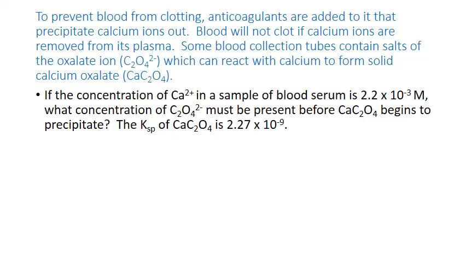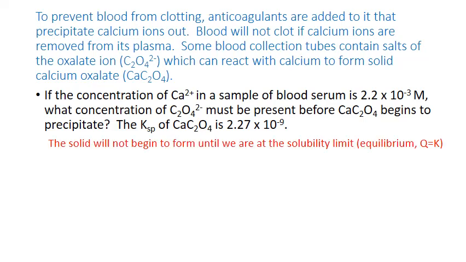So in order for any solid to begin to precipitate in an equilibrium situation, you actually need to get to the solubility limit for that particular substance. And solubility limit, when a solution is saturated, is actually equilibrium.